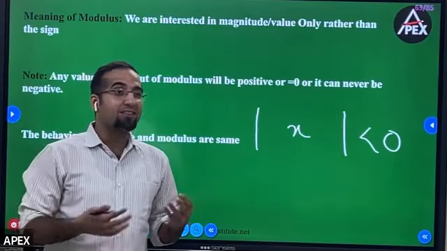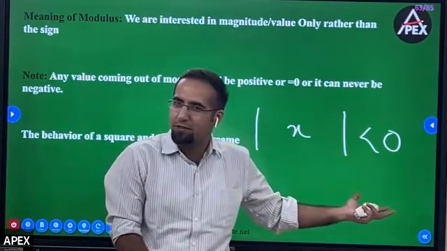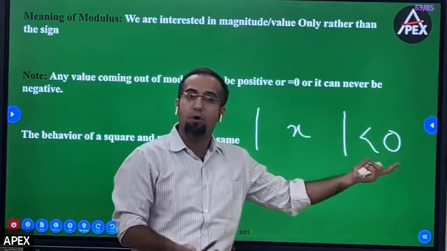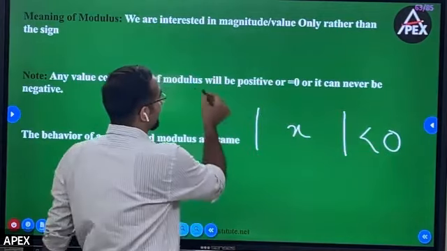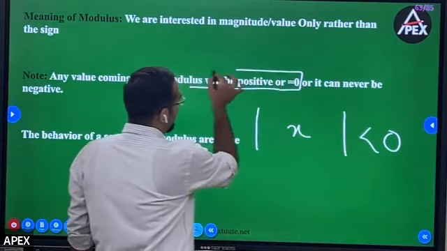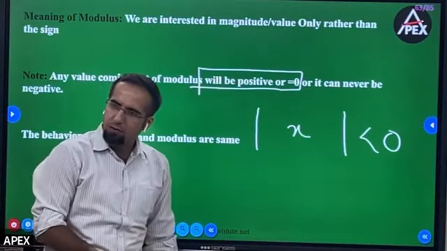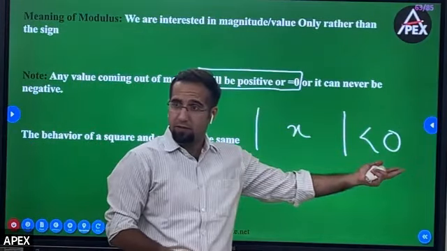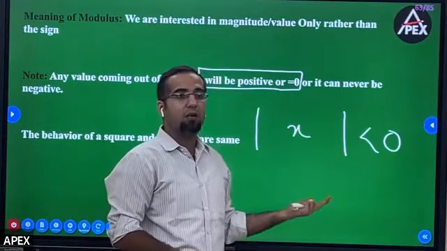The answer is null set. No such value satisfies. I'm not asking what is the value of x. I'm asking you mod x is less than 0. Is it ever possible? A mod of any value will always be either positive or equal to 0, but it will never ever be a negative value. So mod of anything can never be less than 0. Please understand that. So the answer here becomes null set.